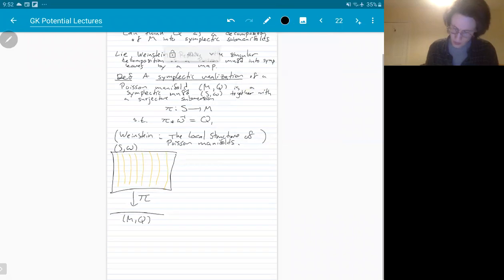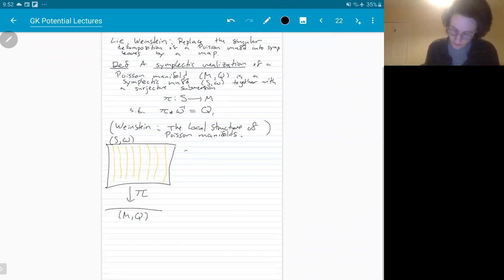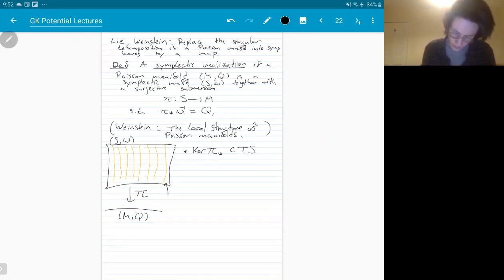There are a few observations we can make. The first is that we can take the kernel of the projection map, and that gives us a foliation, an integrable distribution of the symplectic manifold. The leaves are these fibers here.